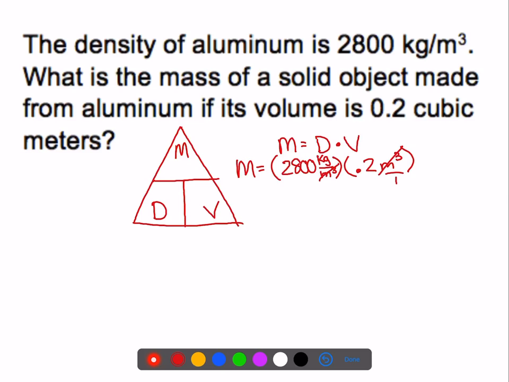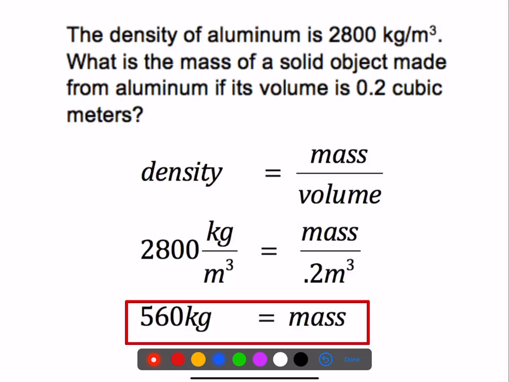So 2,800 times 0.2 will give us mass is equal to 560 kilograms. That's our answer. And again, we see meters cubed canceling out, and that's why we're left with our answer in just kilograms here.